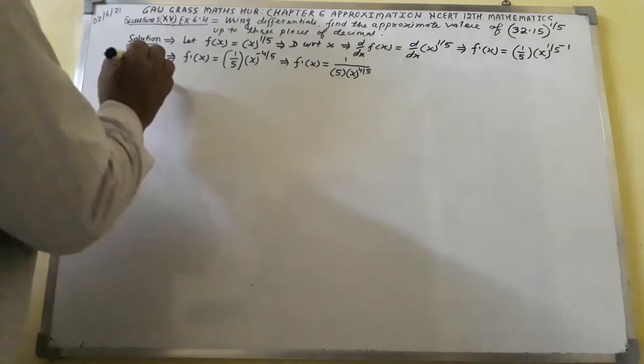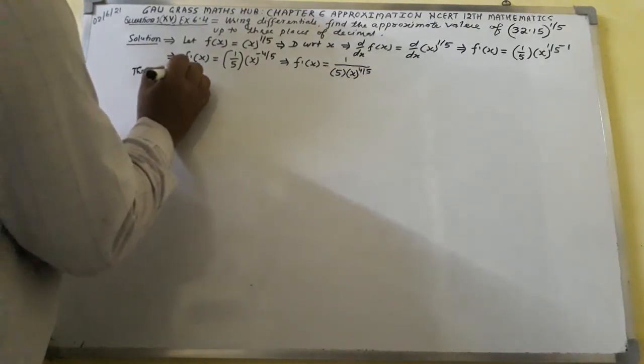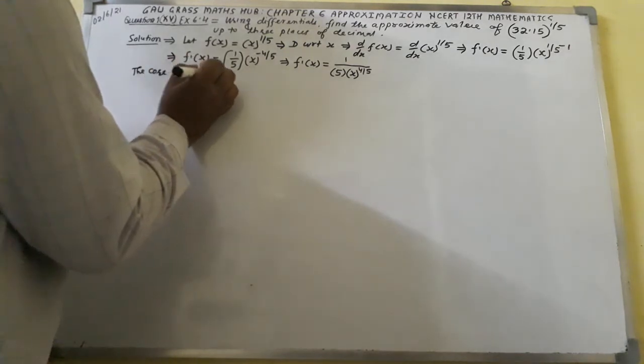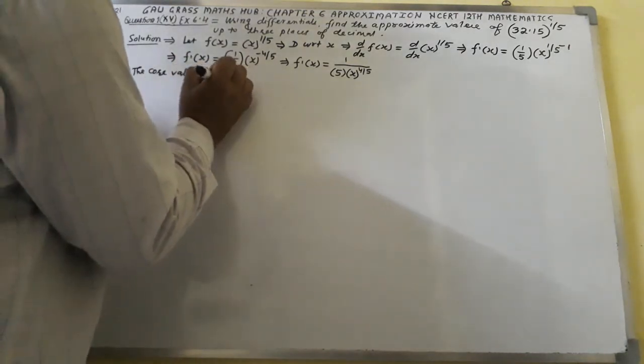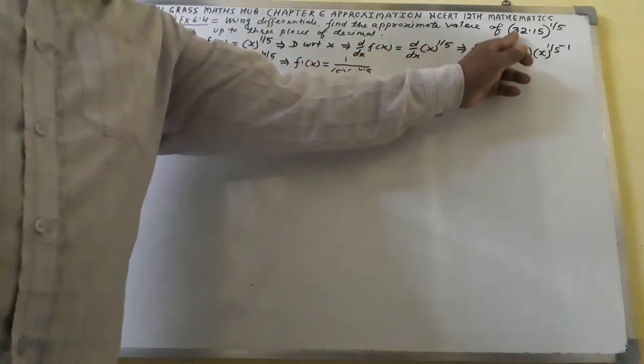Now come to the next. Next I shall write the given value. The given value is 32.15, as you can see in the given function.